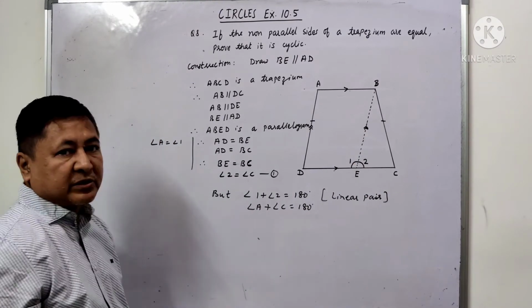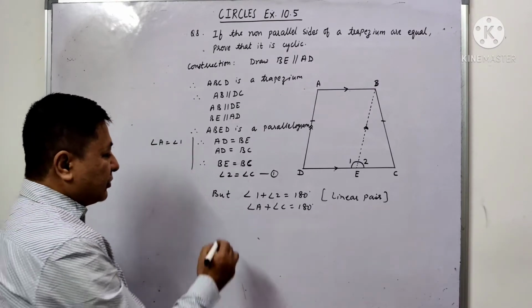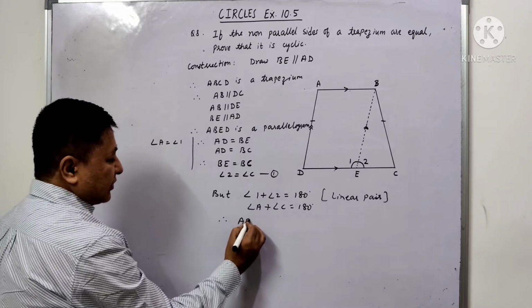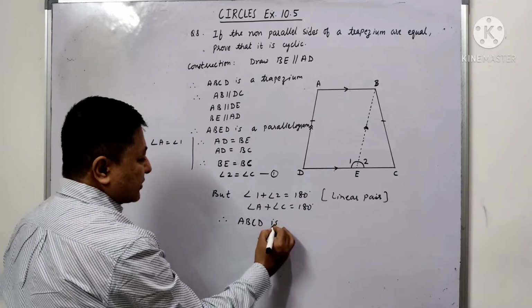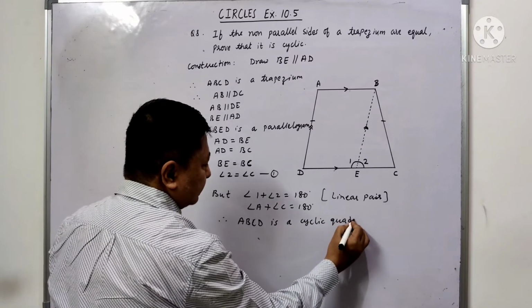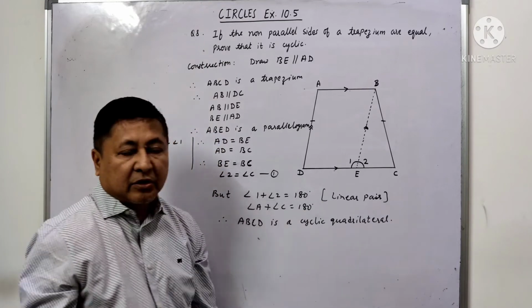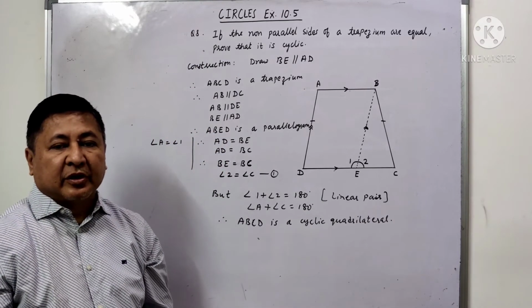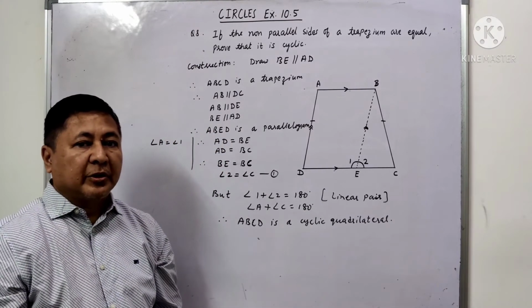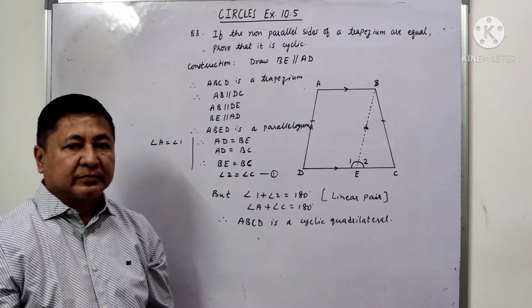Since the sum of opposite angles of the quadrilateral is 180 degrees, therefore ABCD is a cyclic quadrilateral. The reason is a quadrilateral is cyclic if a pair of opposite angles have their sum equal to 180 degrees.